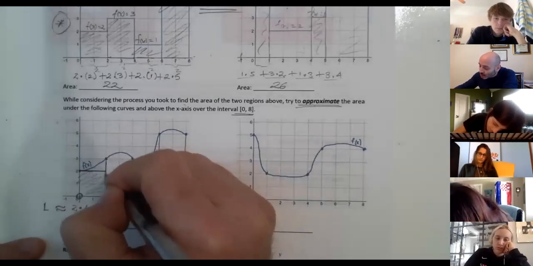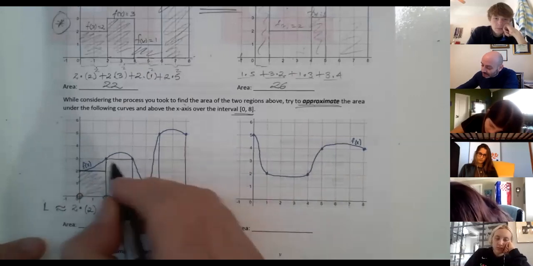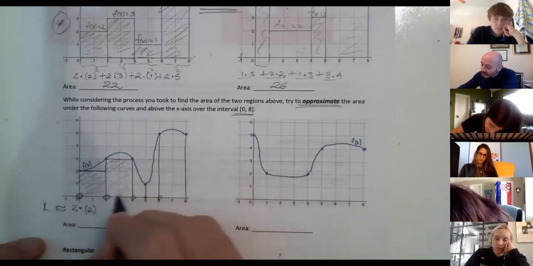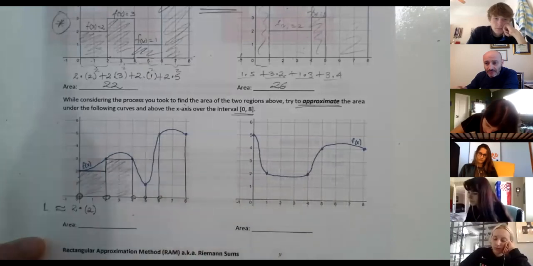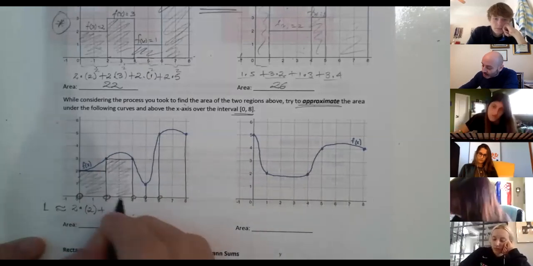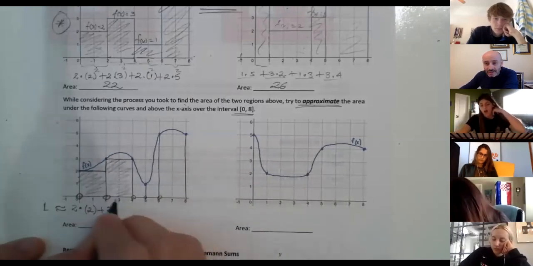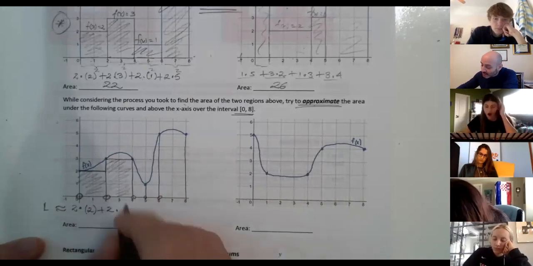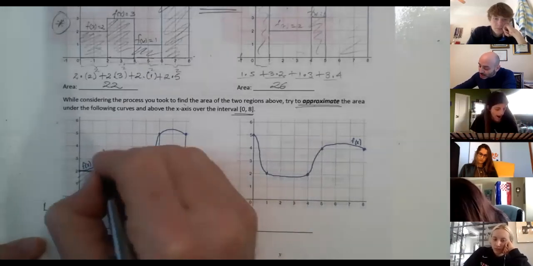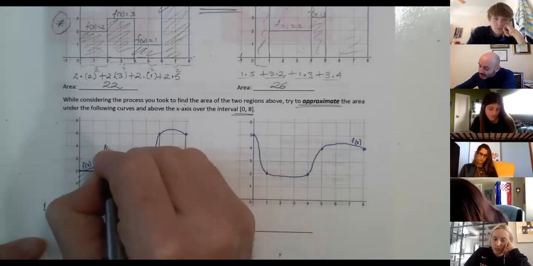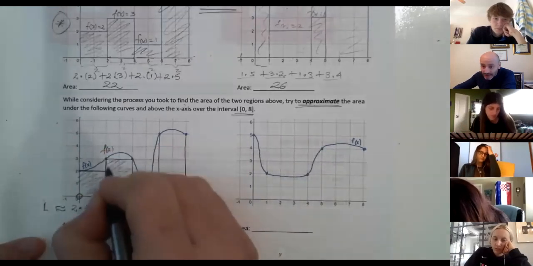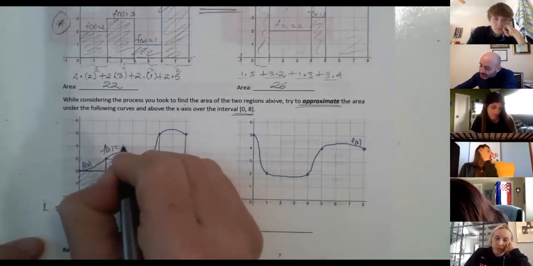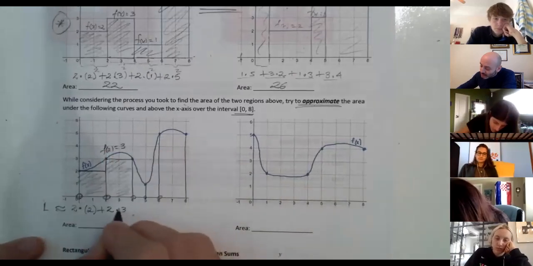So the rectangle will go up to here. So for the second rectangle, the area is going to be 2, because the base, again, is 2, times the function value. Well, the function value here is f of 2, because I'm using the left endpoint, f of 2 is 3. So it will be 2 times 3.